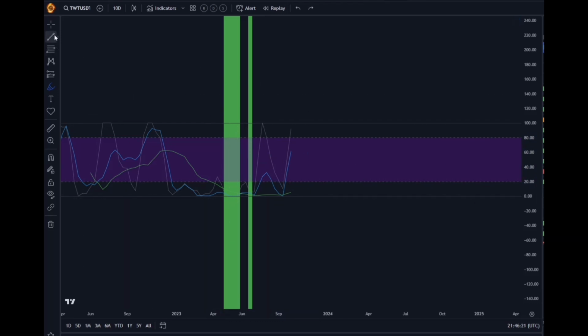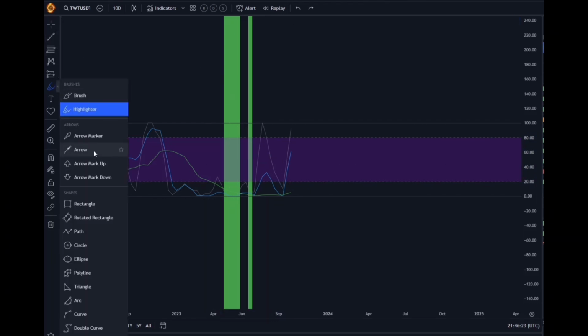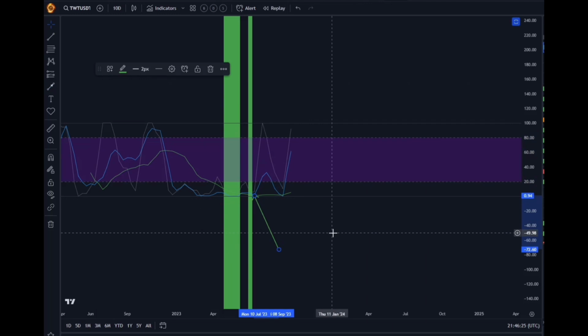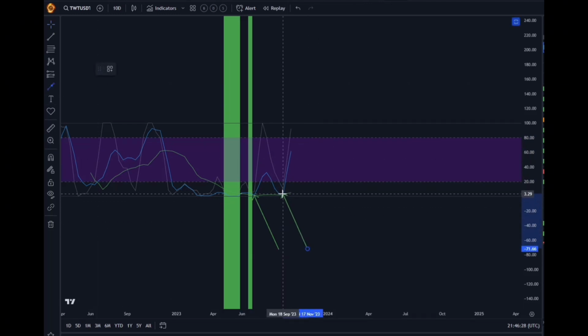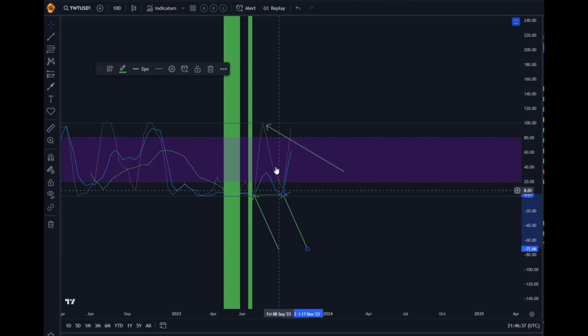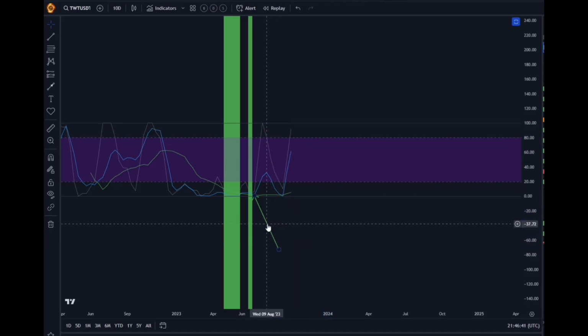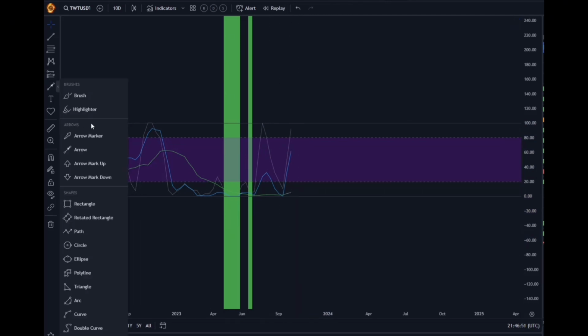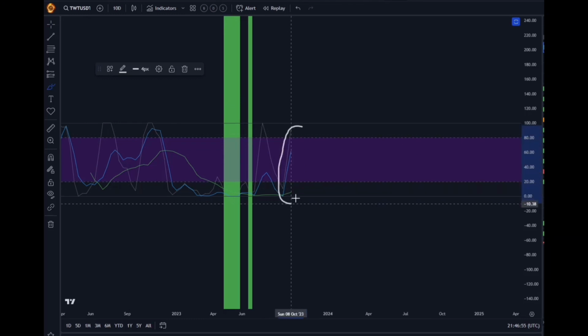And usually what happens here is when you see those two convergences and in the middle you have this fake up, with the double bottoms, these two are showing the double bottoms and this is the fake up in between. This sometimes is a very good entry, and at the same time another thing you should be looking at is how close blue and gray are together. Like if you look here, they're fairly close together.